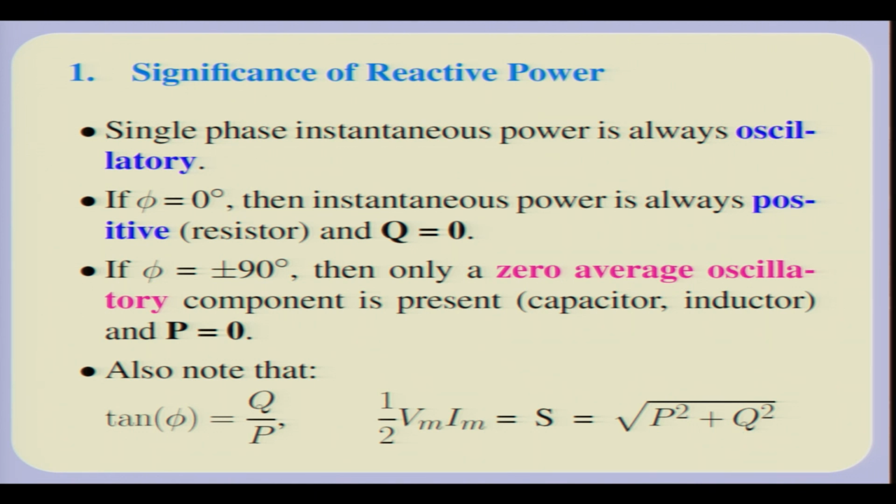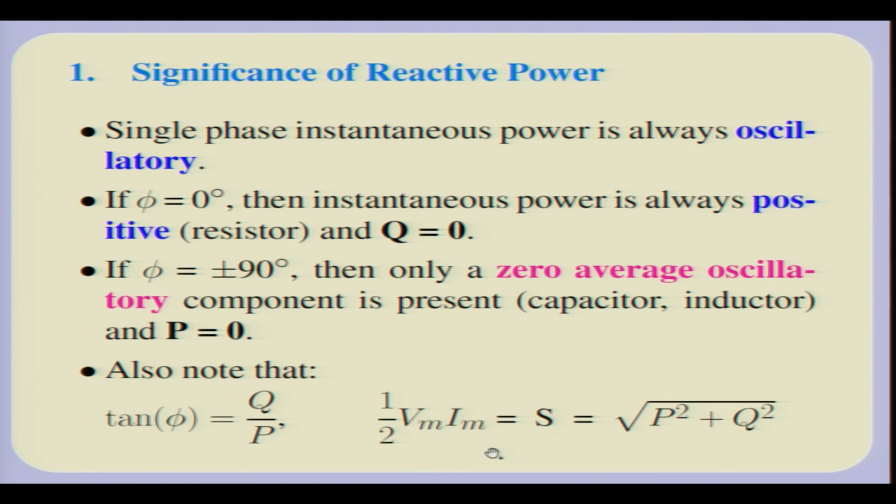So, what it means of course is that Vm Im by 2 or Vrms into Irms is always greater than or equal to P or Q. This is called the apparent power. Remember that S is dependent only on the magnitudes of the voltage and the current.